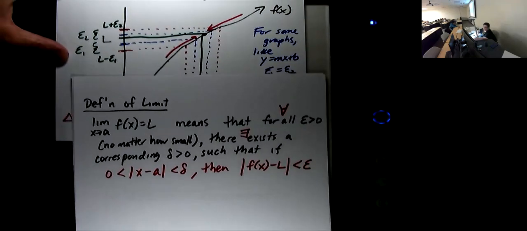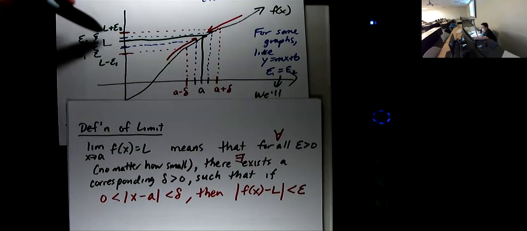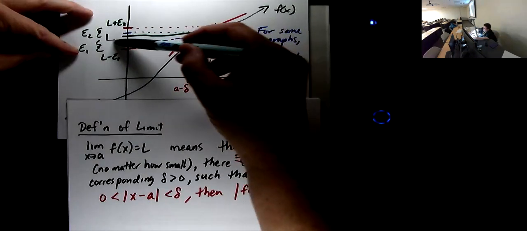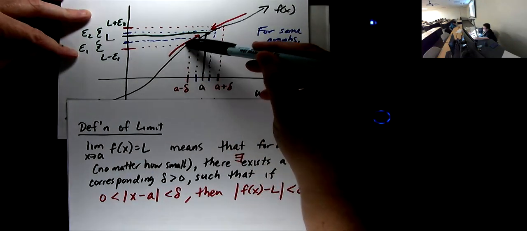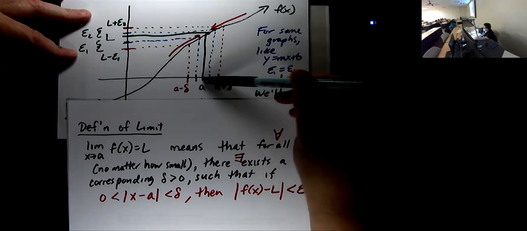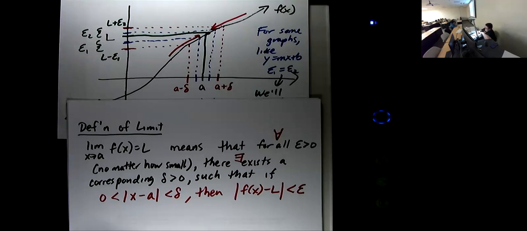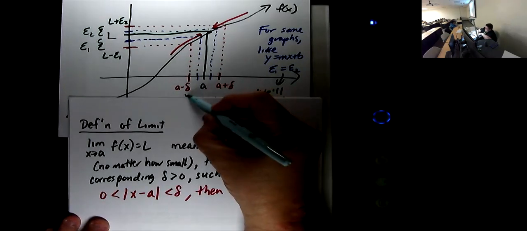So we come up here and we look back at the picture. It doesn't really matter where I pick epsilon to be. I can come over here, let's say it's epsilon 1. I can come over here and find a delta that's greater than 0. That's that distance away from f of a. So x minus a, this is the distance x minus a.